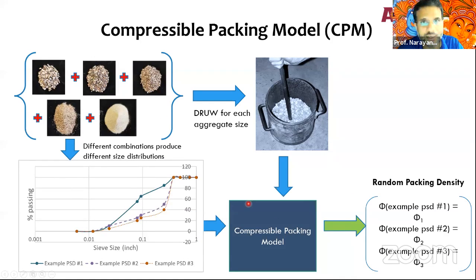We have about 900 different combinations of aggregates that we try to see which one will give me the densest possible packing. So how much of these different classes of aggregates will give me the densest possible packing? The idea again here is you pack the aggregate to the densest possible fashion.